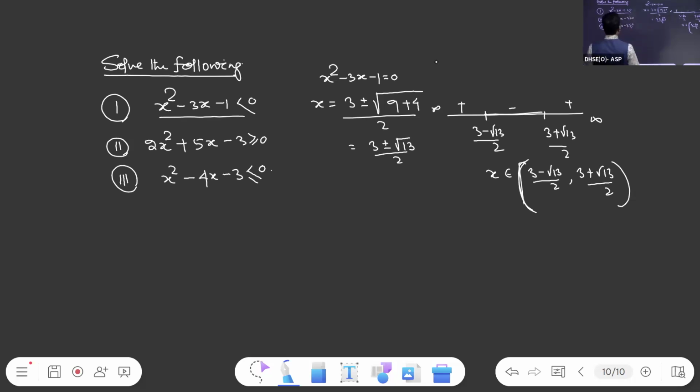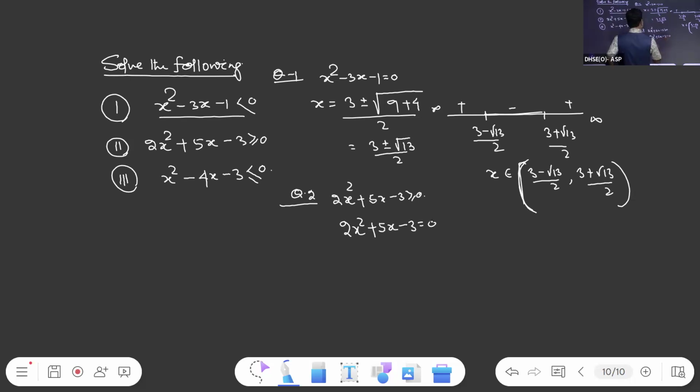Then come to the question. This is the solution to question number 1. Then come to solve question number 2: 2x square plus 5x minus 3 greater or equal to 0. Now solve the equation and get the critical values. 2x square plus 5x minus 3 equal to 0.